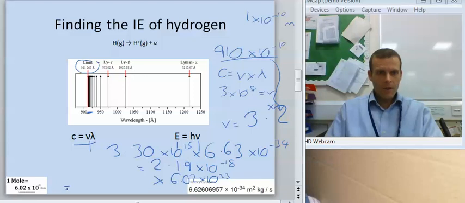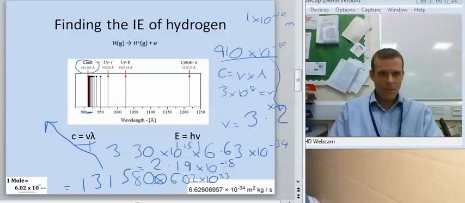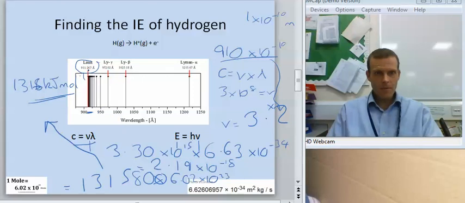If I do that, it's going to give me my final answer in joules, which is 13158 joules, and converting that to kilojoules, dividing by 1000, I'm going to write it as 1316, let's say, kilojoules per mole. So from this convergence limit I've been able to work out the ionization energy. My apologies for the very scrappy working on there.